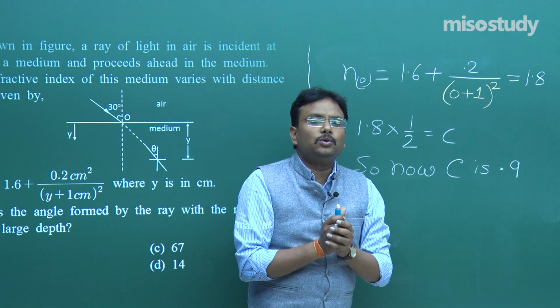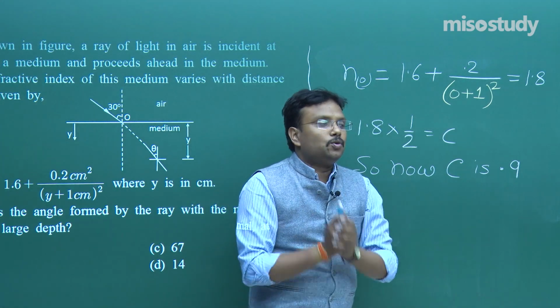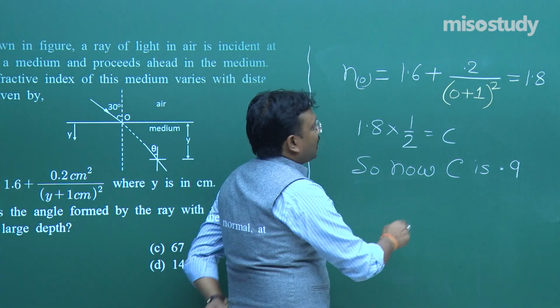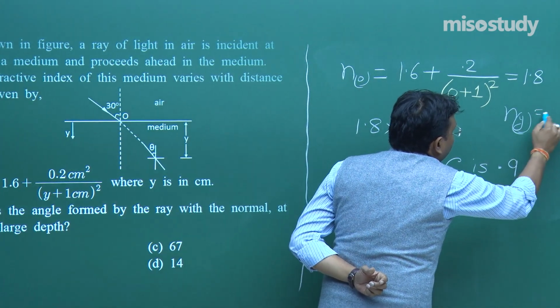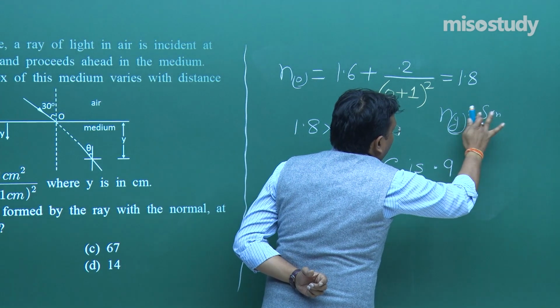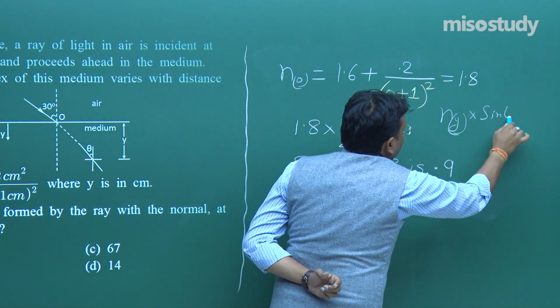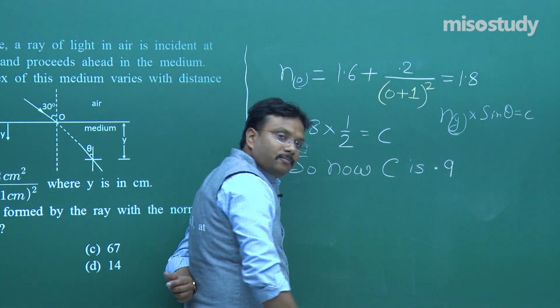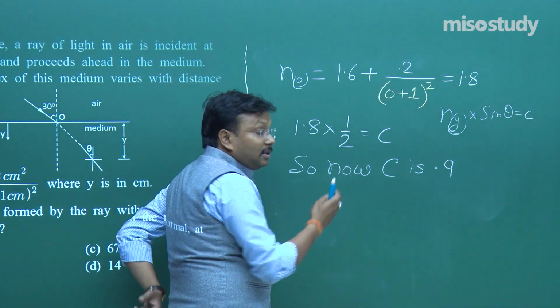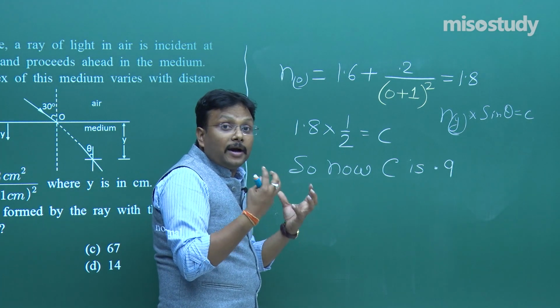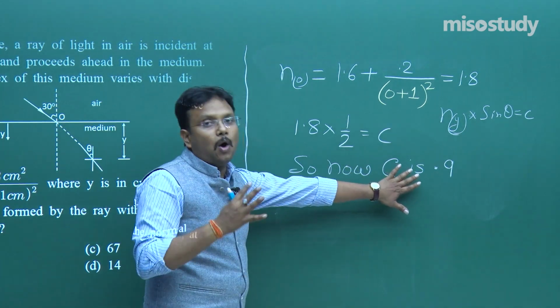Why am I trying to do that? We are trying to do that because, students, we initially mentioned n_y into sin theta is equal to c. n_y is changing according to the equation, sin theta is something we are eager to find out, and the c value now we have.